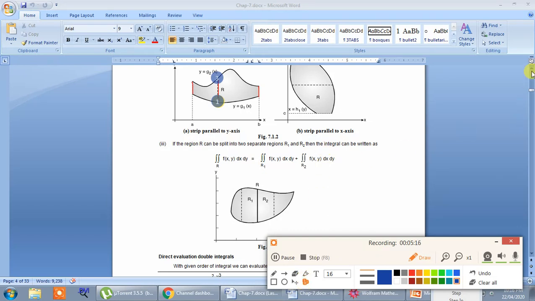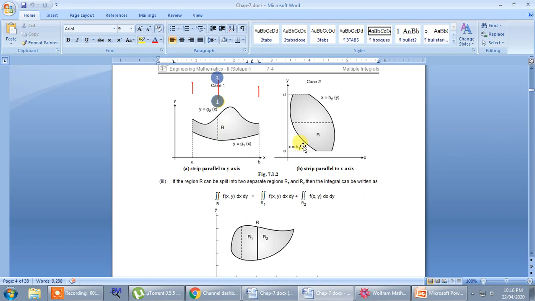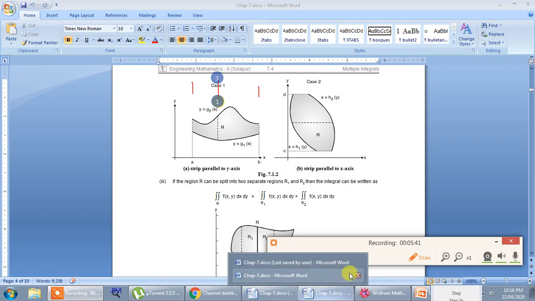In a similar way, if you look at the second figure, 7.1.2b, what we have written here is that the strip is parallel to the x-axis, meaning that this strip will move from bottom to top.